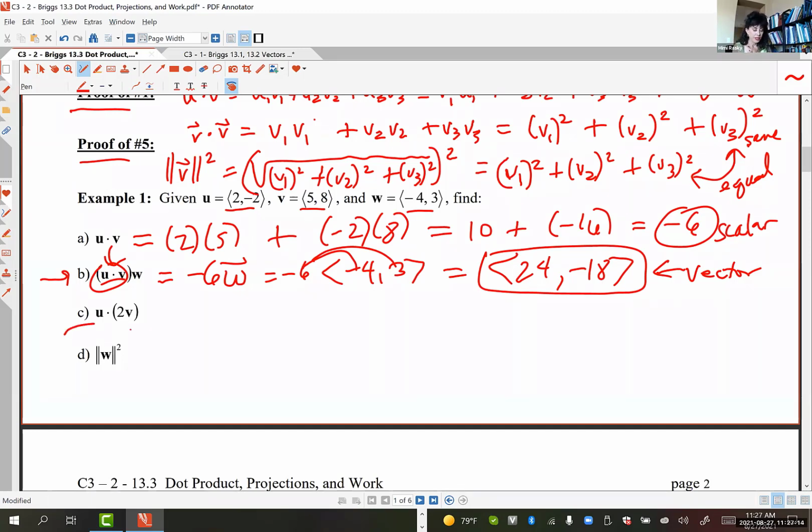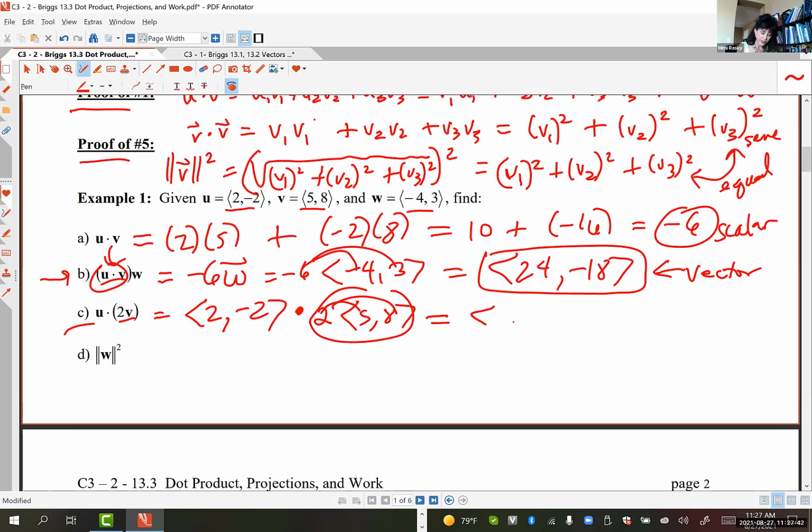Letter C, you're going to take the dot product of U with twice V. So I'm going to do this in slow motion. So U is 2, negative 2. And you're going to dot product that with twice the vector V, which is components 5, 8. So we're going to do the scalar multiple first.